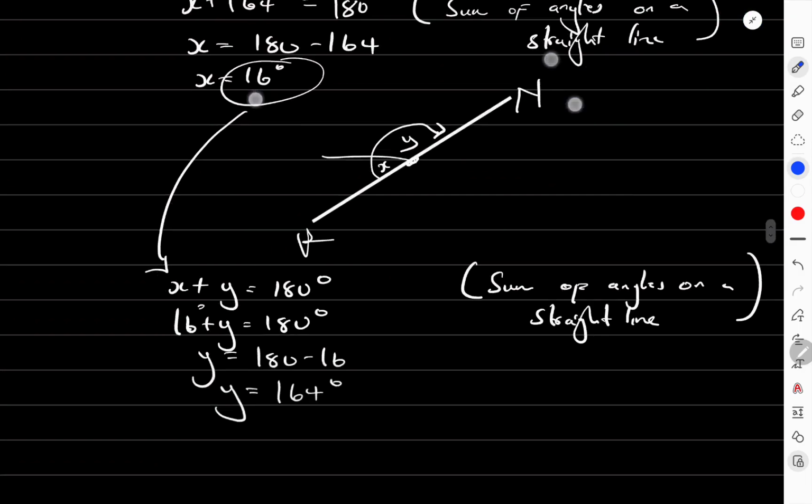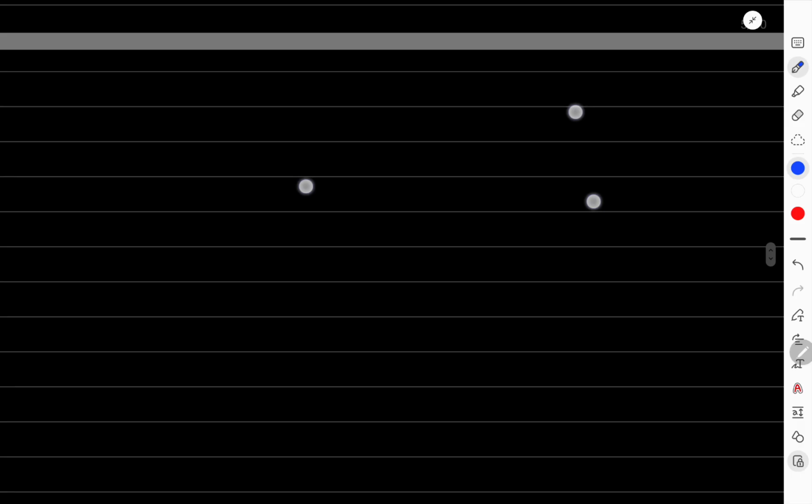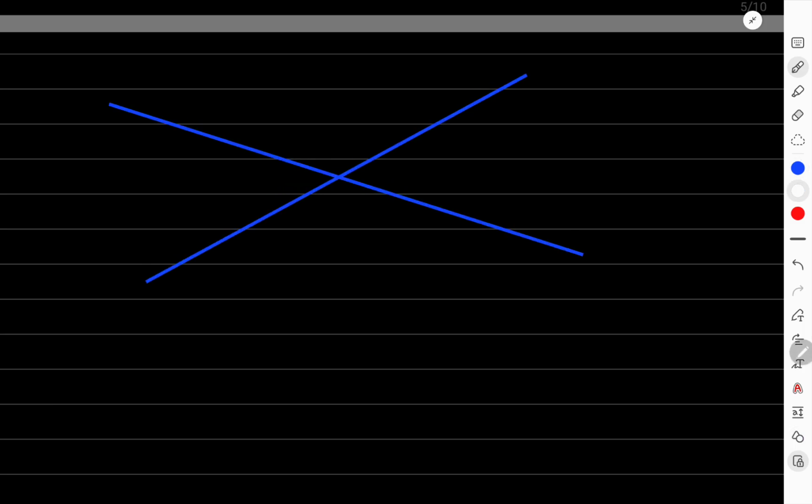Now, let us do other calculations that involve vertically opposite angles. Let me draw a structure like this one. I have M, L, R, N. The structure is not like this.